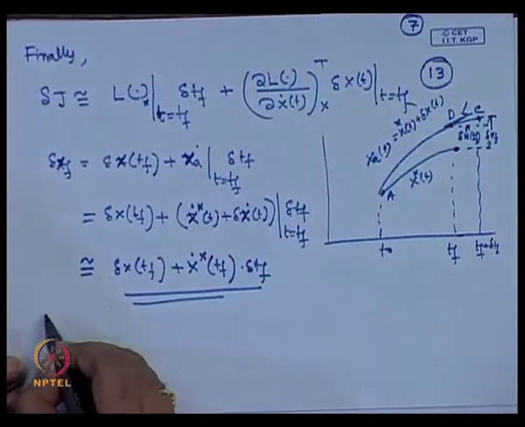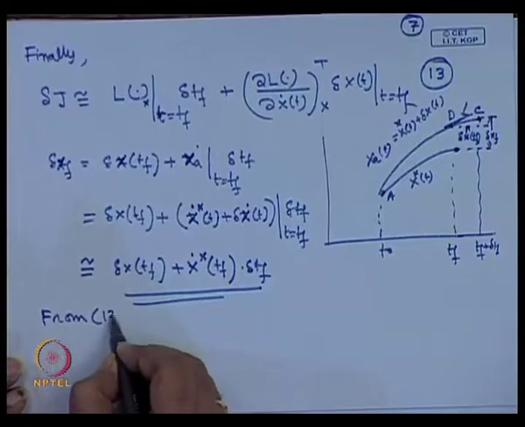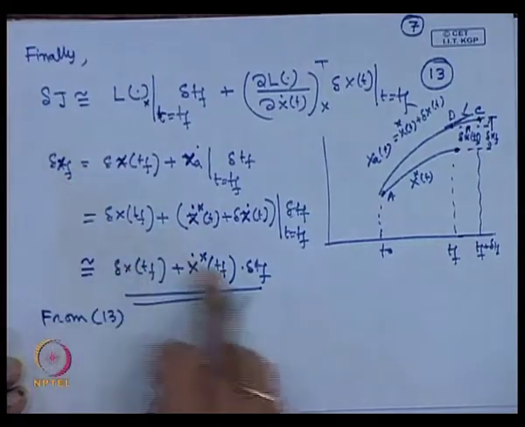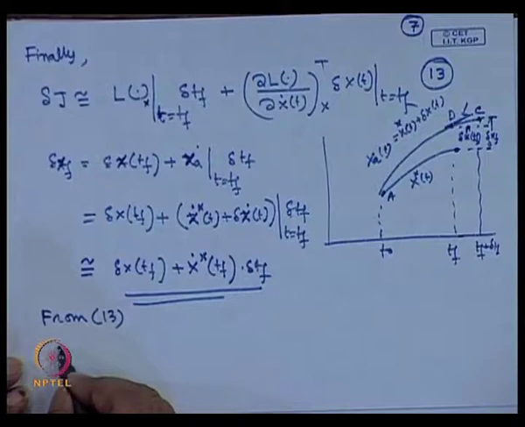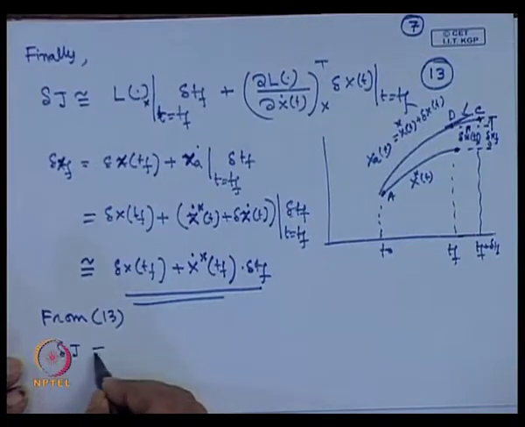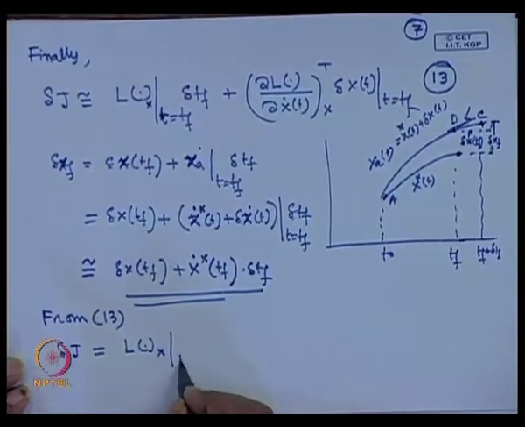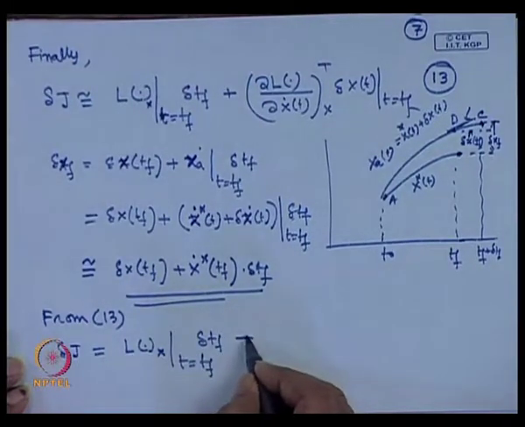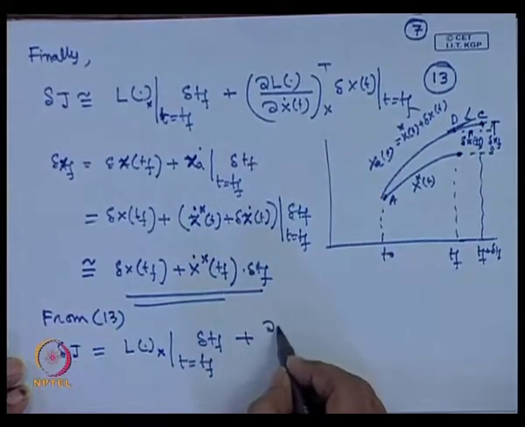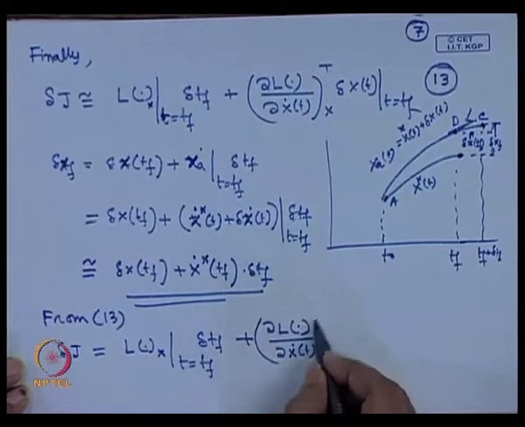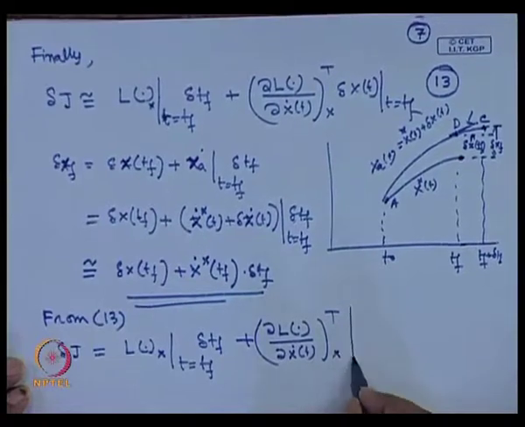From 13, using this expression, I will write delta x T f equal to delta x f minus that term. So, from 13, delta j is equal to L dot star at T is equal to T f times delta T f, plus del L dot del x dot of t whole transpose star at T is equal to T f.